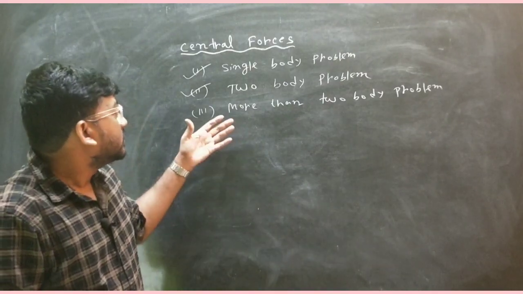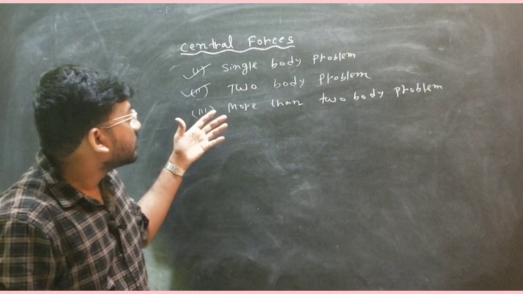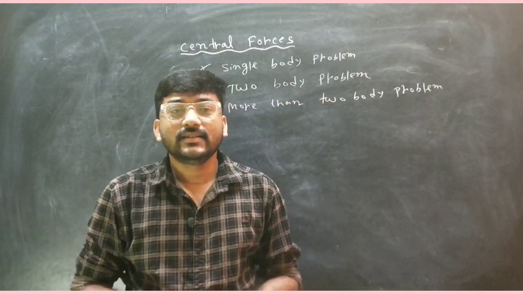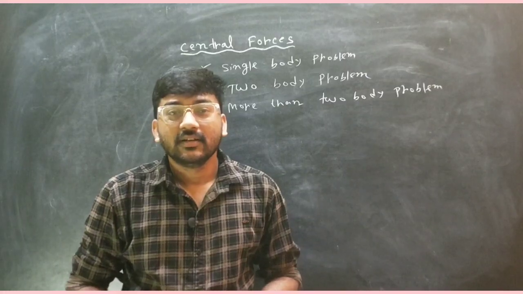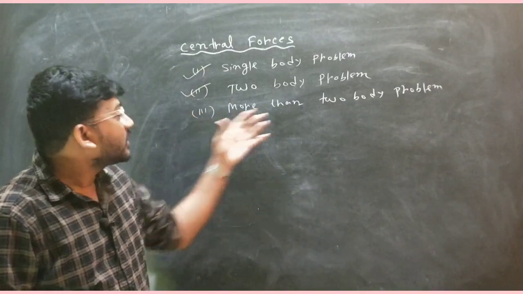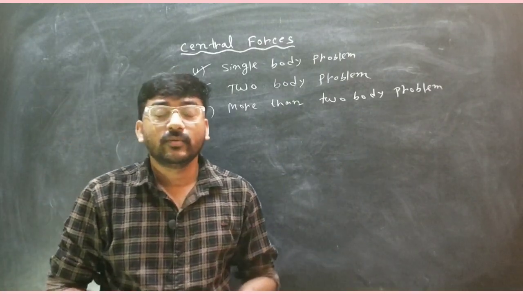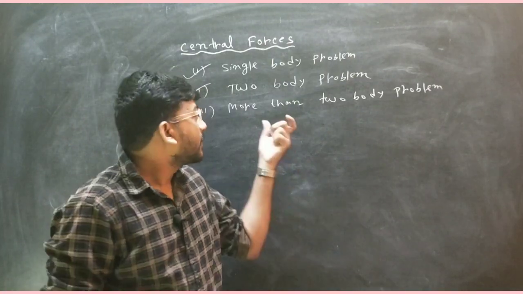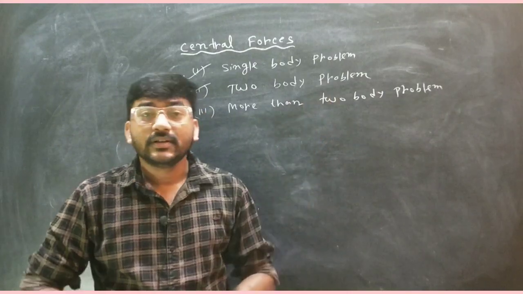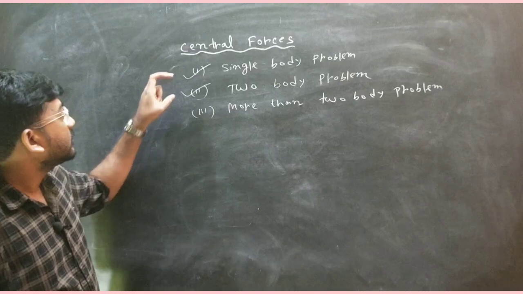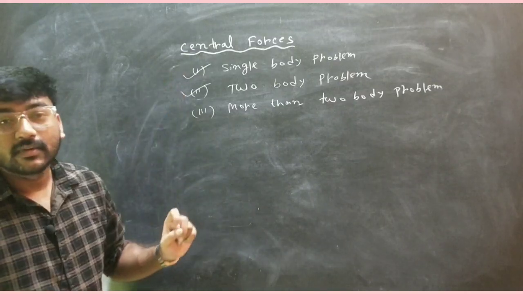Because the mathematical formulation of the more than two body problem is too complicated, and that is recently a topic of research. Mathematically we can't solve the equation of motion for more than two bodies under central force. So we will restrict ourselves to the single body problem and the two body problem.